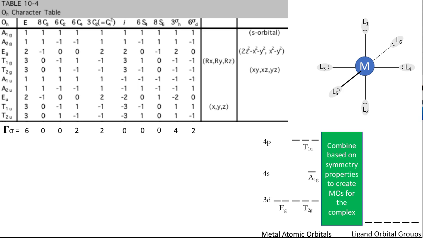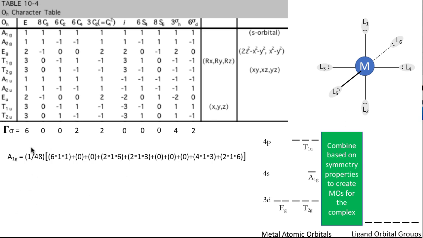So the next thing we need to do is to reduce this. In other words, find out what irreducible representations from our character table sum to give us this reducible representation, and therefore work out the symmetry properties of our various ligand group orbitals.